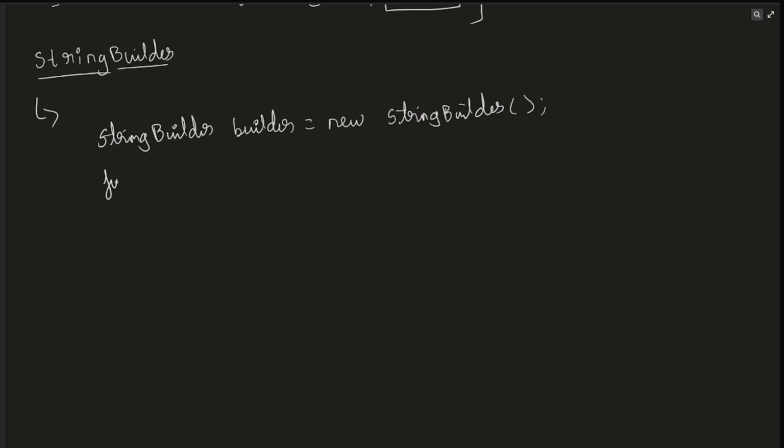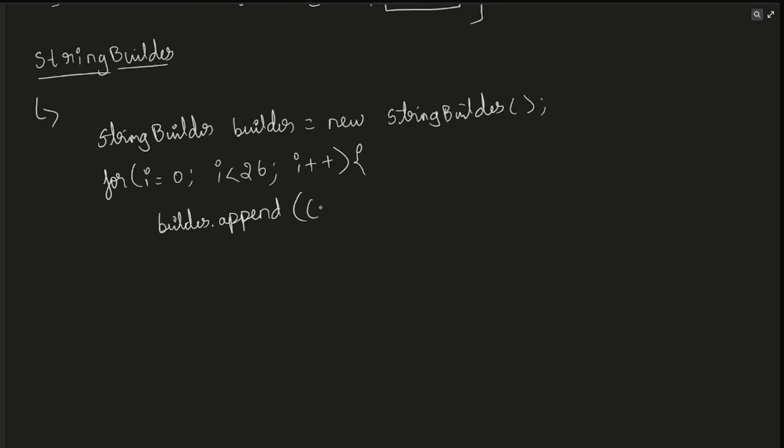And write the same for loop again, which starts from 0, goes till 26, incrementing after each iteration. Instead of using a concatenation operator, the builder has a built-in method to append a string to it, which is nothing but builder dot append.